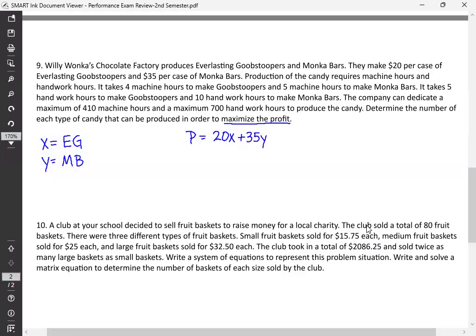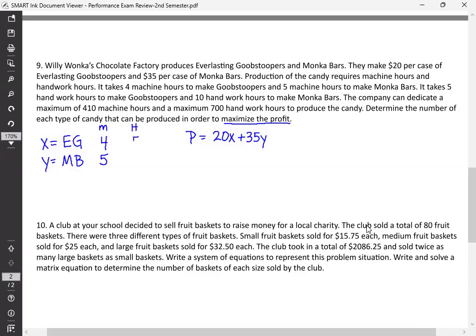Then, production of the candy requires machine hours and handwork hours. So I'm just going to label this up here, machine and handwork hours, and kind of make a little table. It takes 4 machine hours to make gobstoppers and 5 machine hours to make Monka bars.